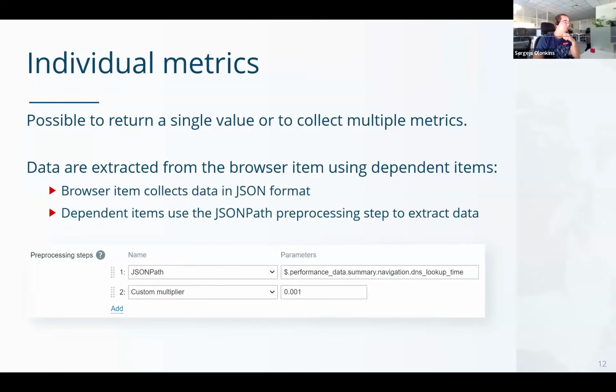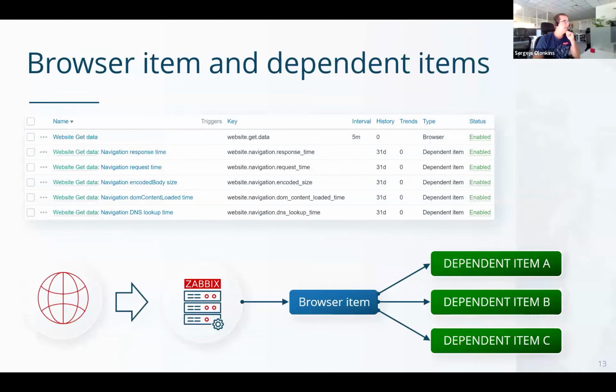And this will allow you to improve the performance of your setup quite severely. An example of such a setup is displayed here. Basically, we have the browser item, this one, that works as a master item. It receives data from the WebDriver with the help of Zabbix server or Zabbix proxy, and then each of the dependent items drag their required metric from the output of this browser item using the JSON path preprocessing step.